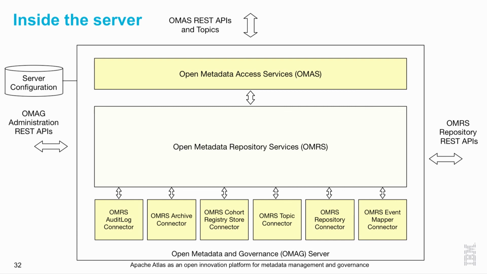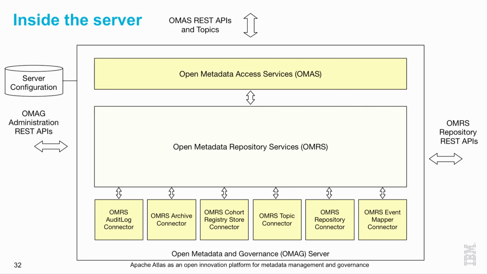Inside the main server, so that previous picture shows what's going on inside OMAS. Then you've got the repository services. So this is where all the logic of the protocol and the exchange is happening. Now, our service has to run in many different places.